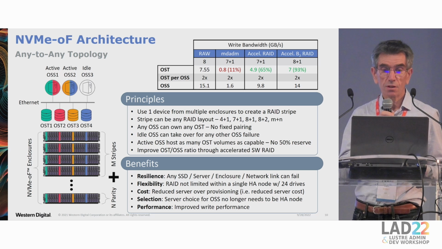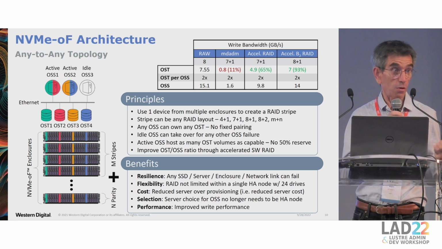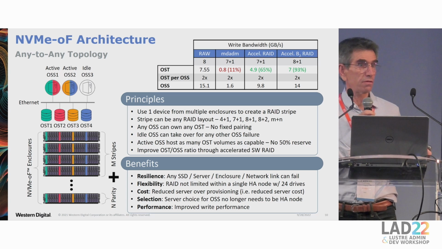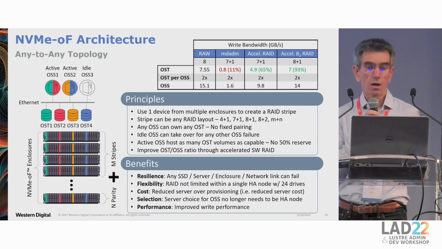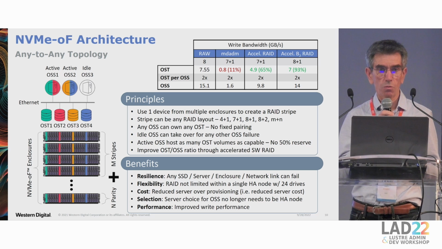So the benefit of this solution is, of course, the resilience. Any SSD, any server, any enclosure, any network link can fail. Then the flexibility with the RAID. We are not, like with the 2U24 dual node server, limited in terms of RAID flexibility, having up to 4 devices unused.